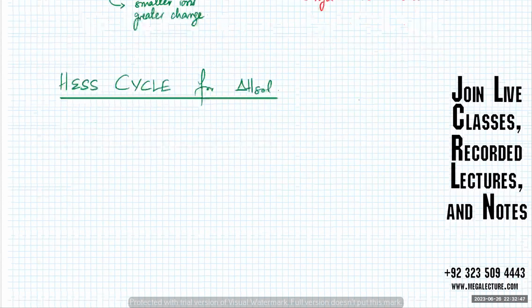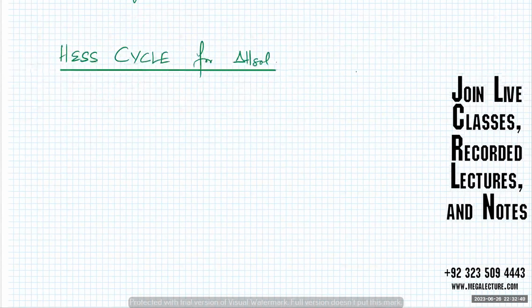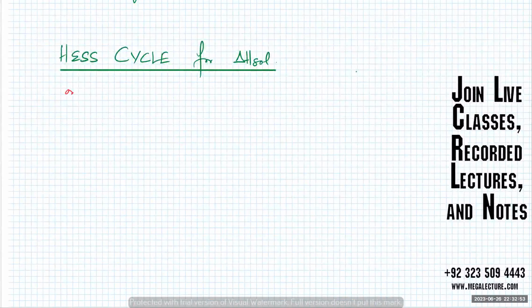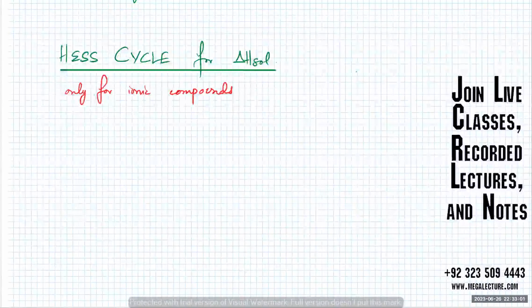So now what this Hess cycle will do, and this is only for ionic compounds. Now in this Hess cycle, you've got two things. One is the enthalpy of solution.